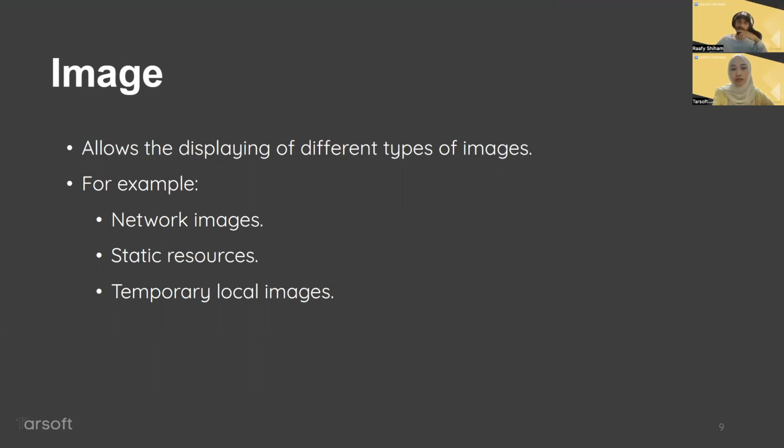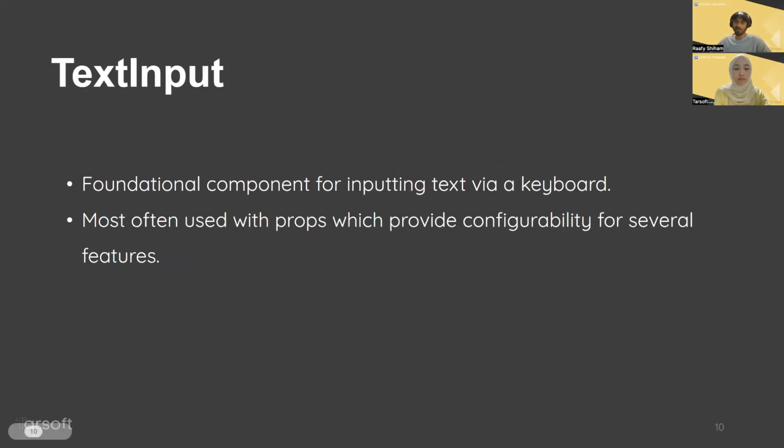Next is the Image. An Image component allows the displaying of different types of images on a React Native application, for example, network images, static resources, temporary local images, and so on. Then we move forward to TextInput. TextInput is the foundational component for inputting text into the app via a keyboard.